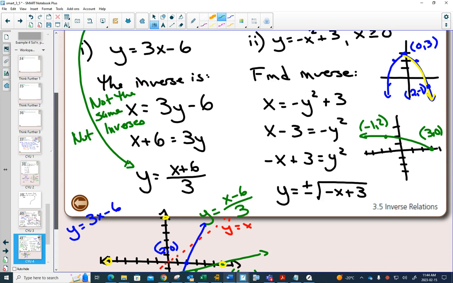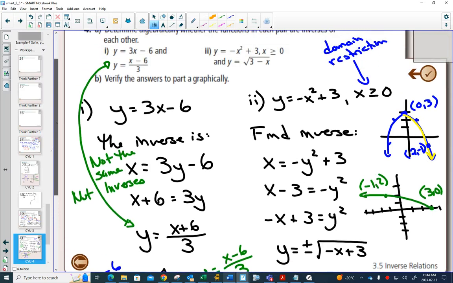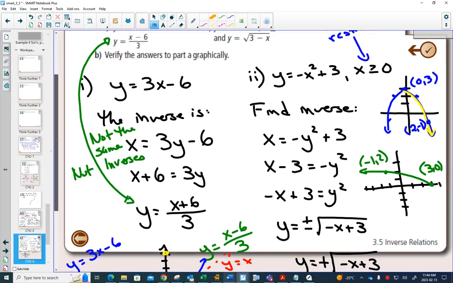And I have to ask myself, has that inverse graph had a vertical reflection or not? In this case, it's not going down. It has not had a vertical reflection. So my inverse will be the positive one. There's my equation. Does that equation match with what they said? 3 minus x.